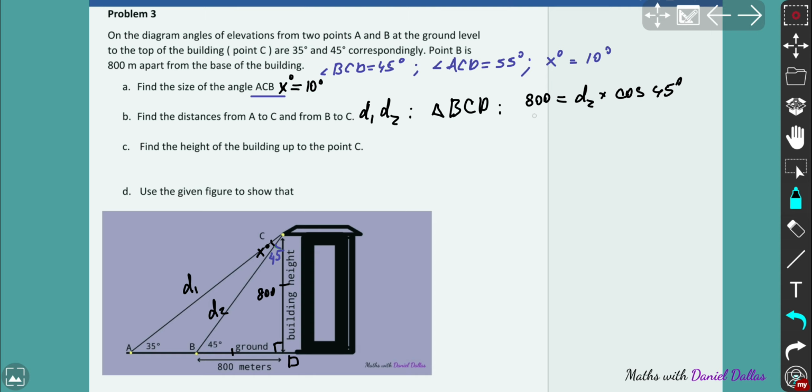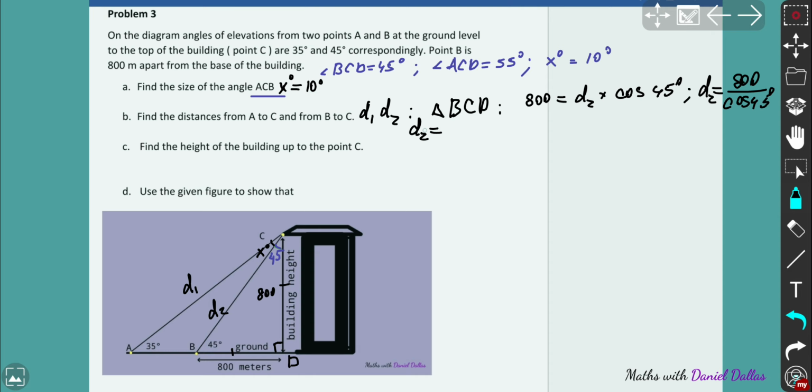All right, so from where we can figure out that D2 is simply 800 over cos 45 degrees, and that's already a solution for the first unknown. Let's calculate that. So cosine 45 is square root of 2 over 2, but we just use a calculator.